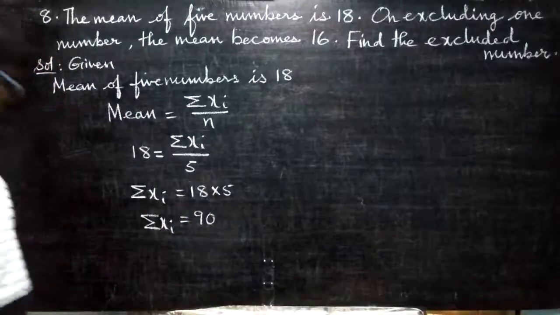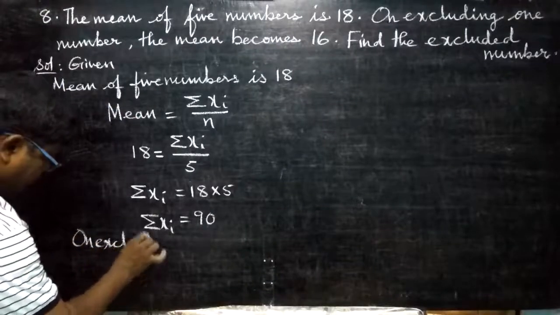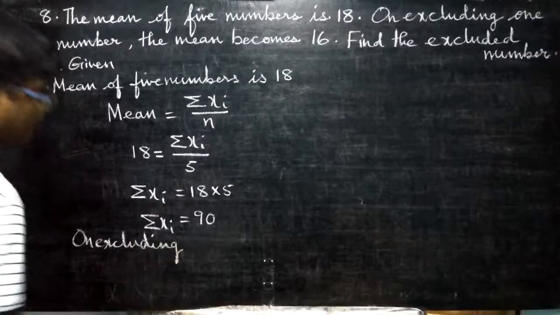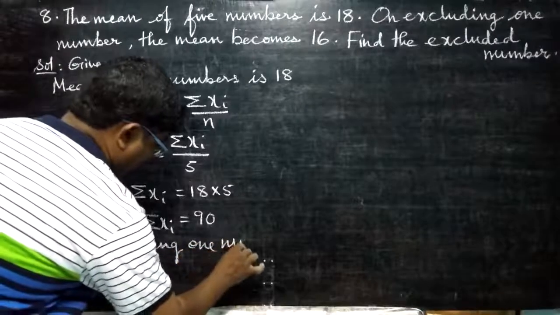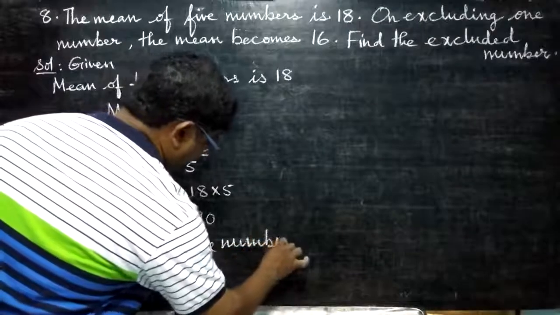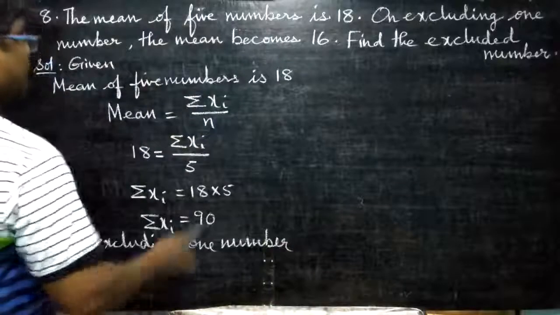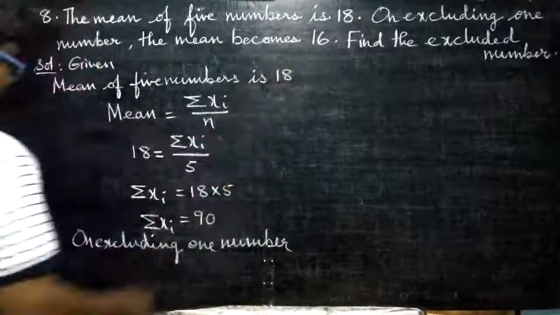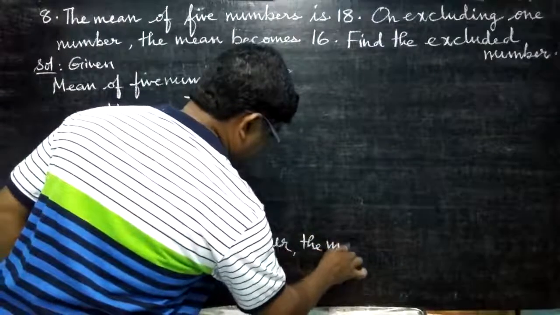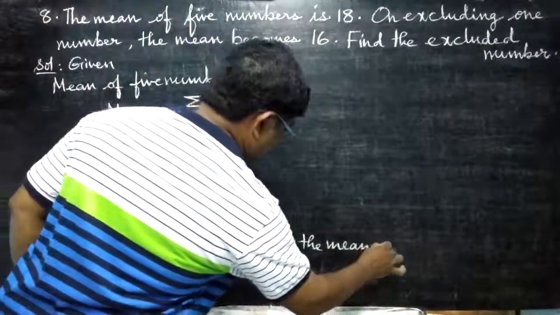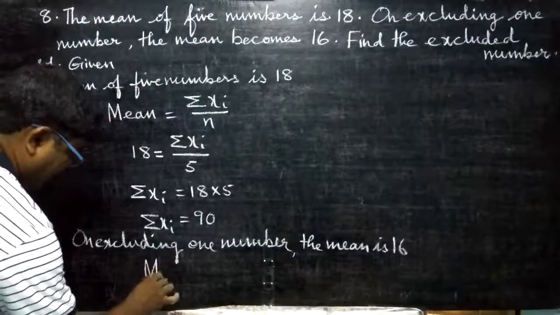Next they are telling us on excluding, that means removing, one number. Out of 5 numbers, one number is excluded. How many numbers will be there? And they have given the mean after excluding one number as 16.